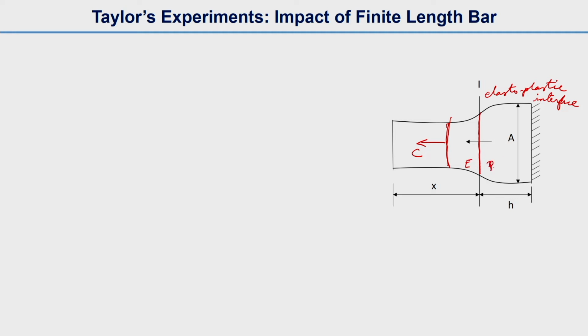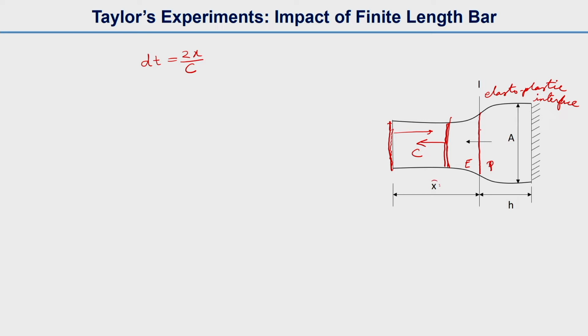Because this side is plastic and this side is elastic. So how much time does it take for the elastic wave front to go forward, reflect back at the free surface, and reach the plastic boundary, the elastoplastic boundary again? We can call the time taken dt, twice x by c.